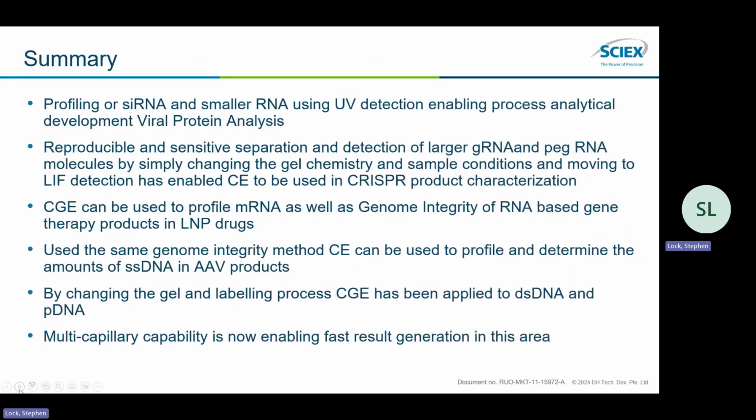So at the end of this presentation, I'd just like to summarize some of the key points. You can really use CE to profile small interfering RNA and small RNA. In these small RNAs, the concentration is higher, so you tend to use UV detection, and we've used this to enable process analytical development, for example, the earlier case I showed with non-tritylated species.